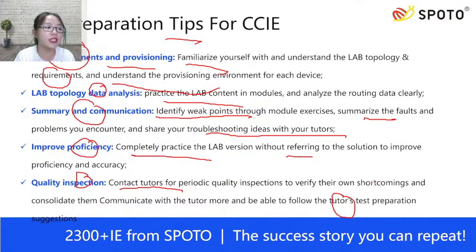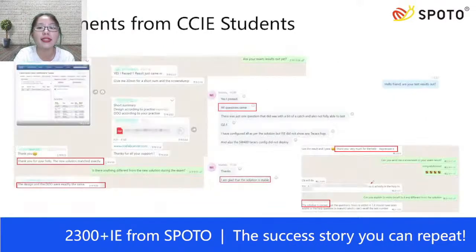These are my exchange experiences with CCIE students, and I hope to help you pass the CCIE EI lab exam. And this is feedback from our other candidates.